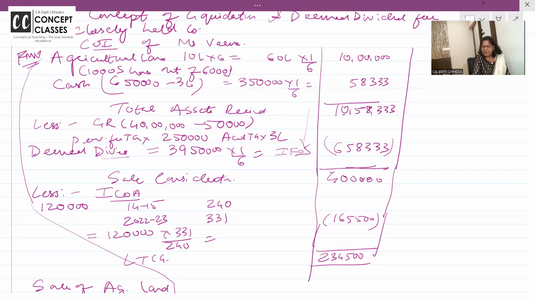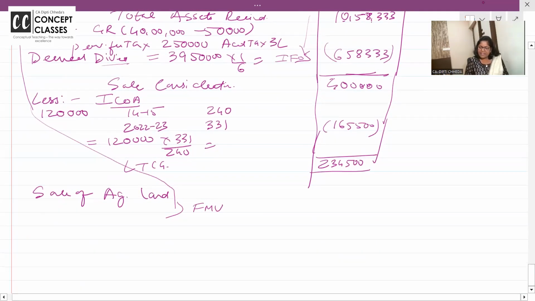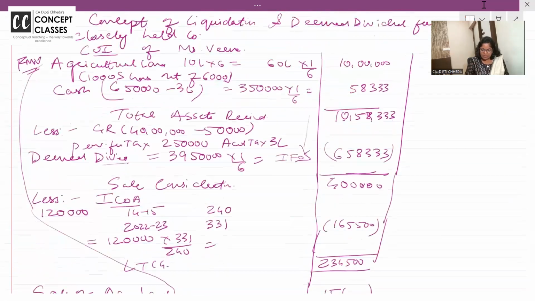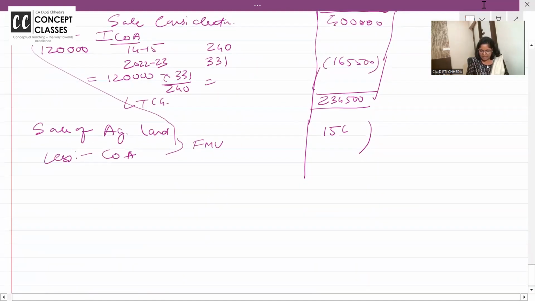All right. Now, what will be the short-term capital gain? Sale of agricultural land. Sold for how much? 15 lakhs. Less: what is the cost of acquisition? How much did you buy it for? 10 lakhs. So what is the short-term capital gain? 5 lakhs.